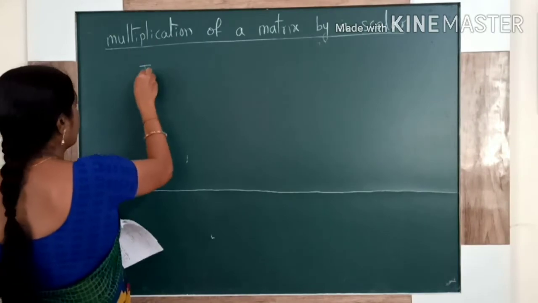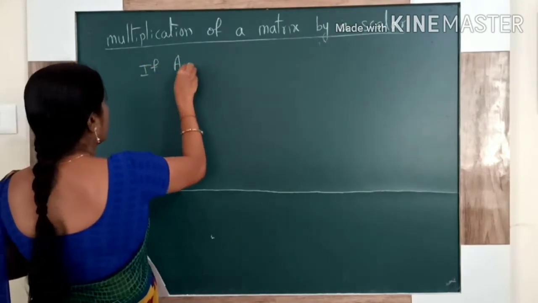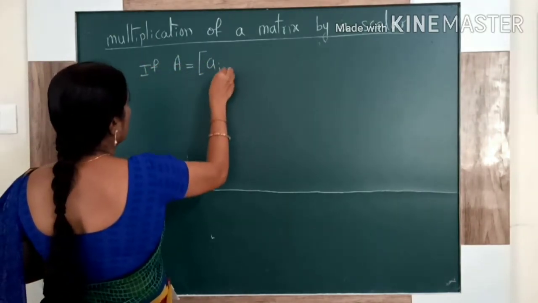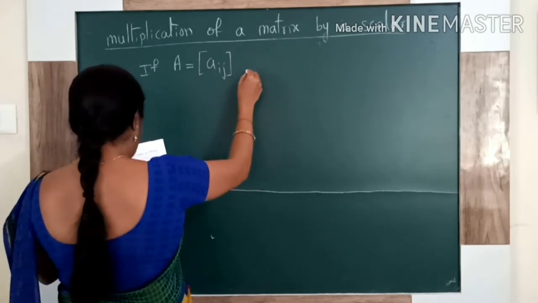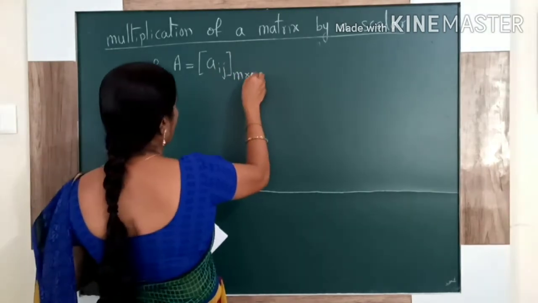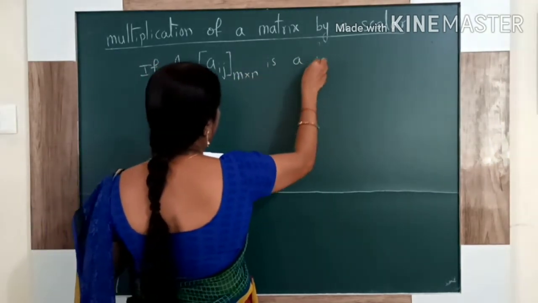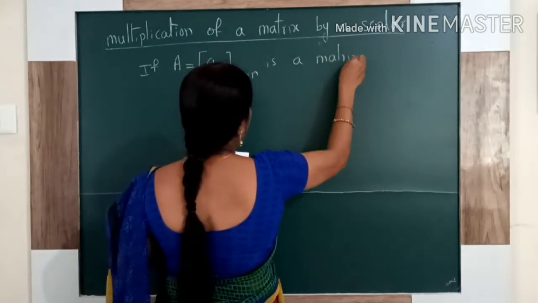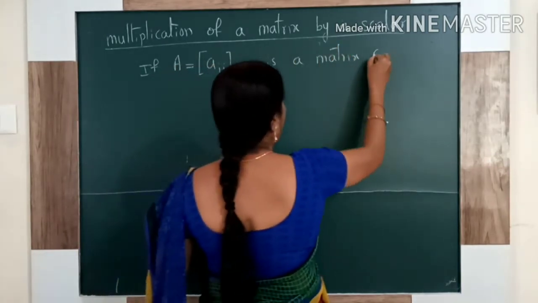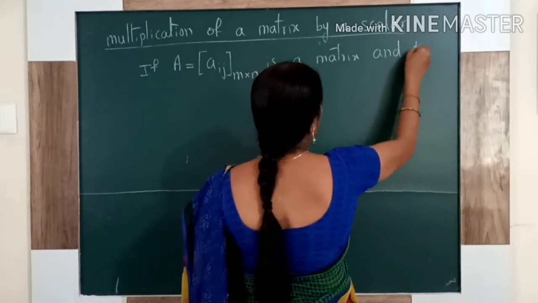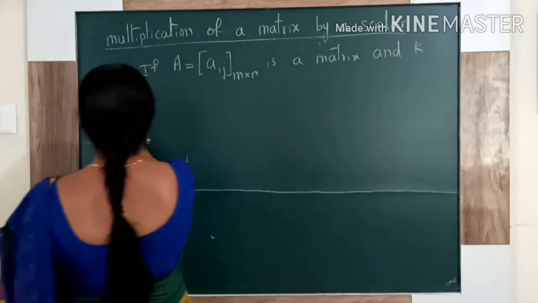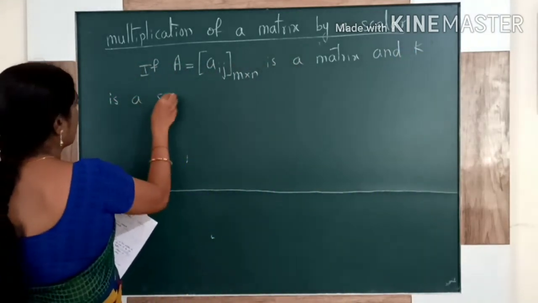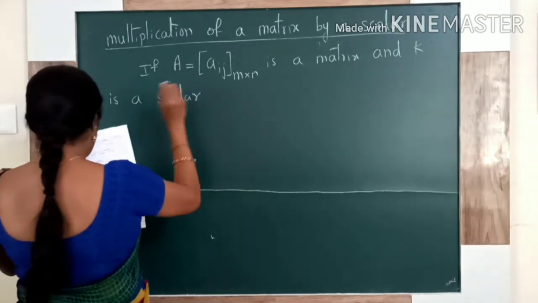If A = [aij], take a matrix of any order, is a matrix and k is a scalar. You know that scalar.